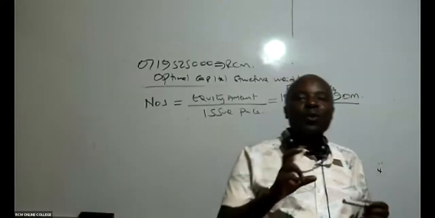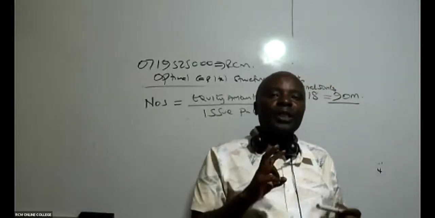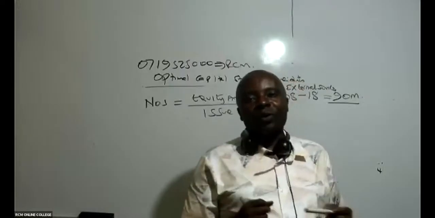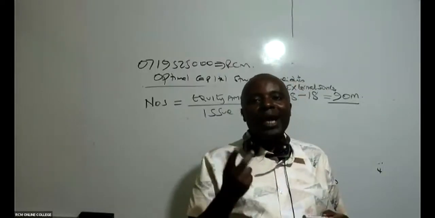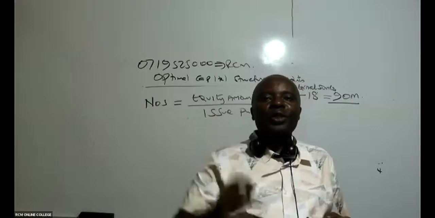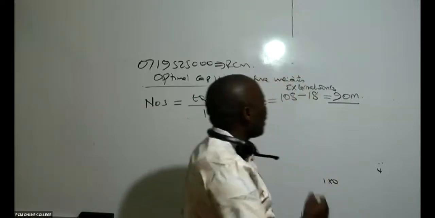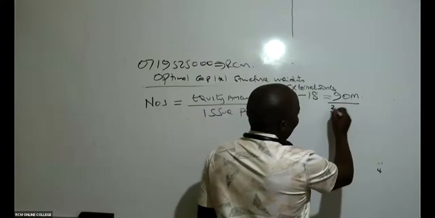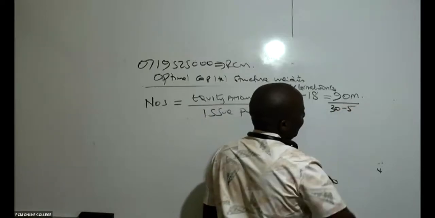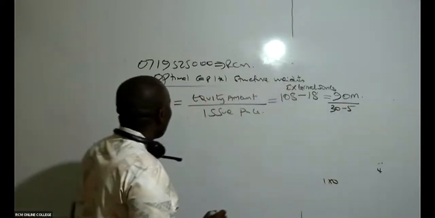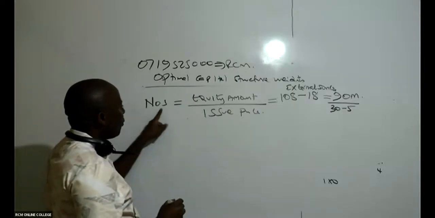Our issue price is always net of any flotation costs, net of any discounts. So therefore, this will be 30 minus 5. Then how many shares are we going to issue? Remember, NOS stands for number of shares.